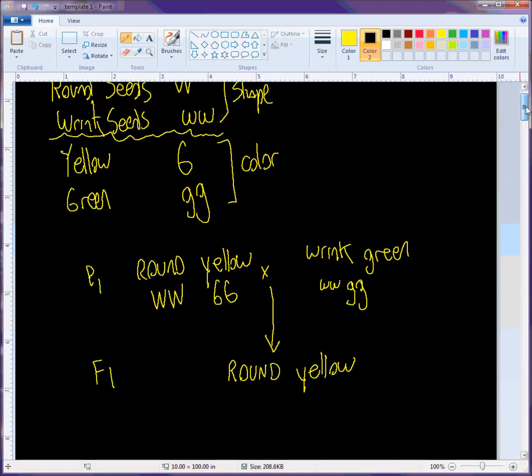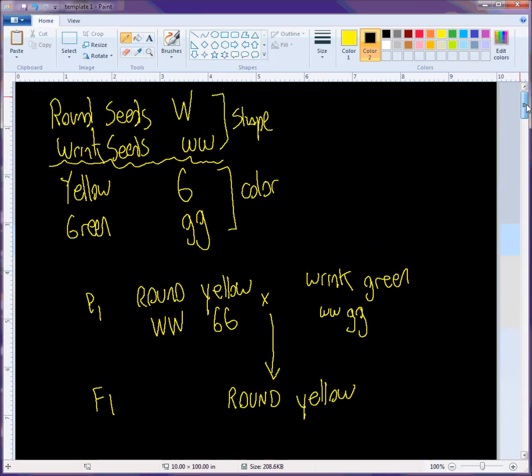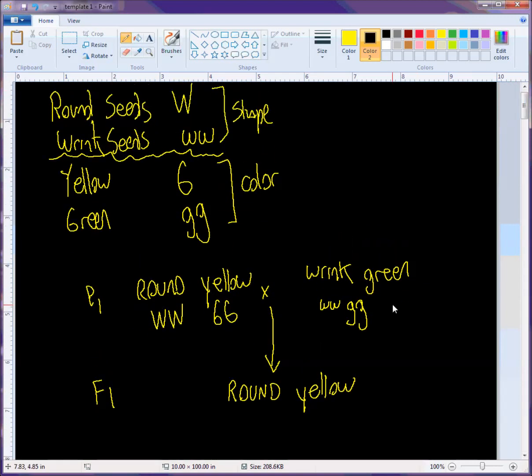So if we didn't know anything about which traits were dominant and which were recessive, we would know now, because wrinkled and green disappeared in the F1 generation, right? We see round and yellow, so we know round is dominant to wrinkled and yellow is dominant to green.